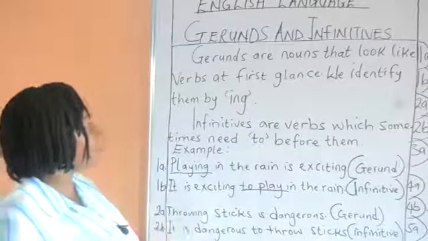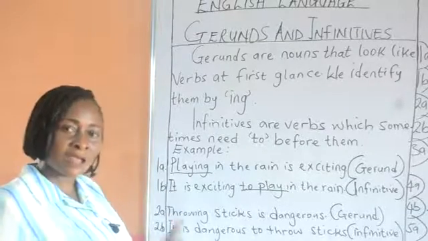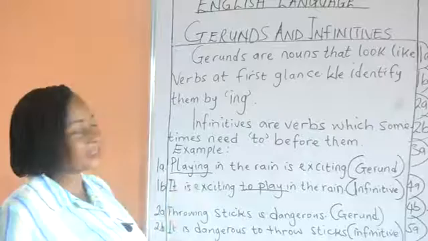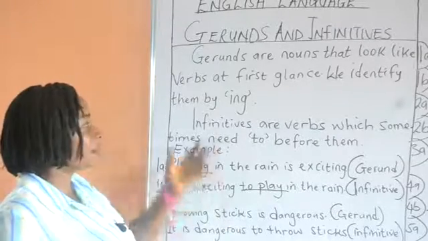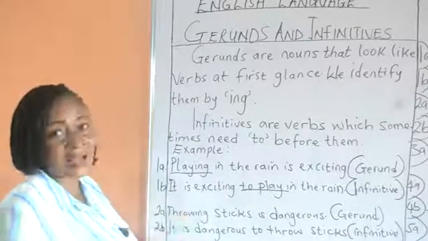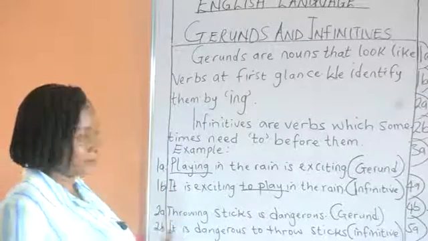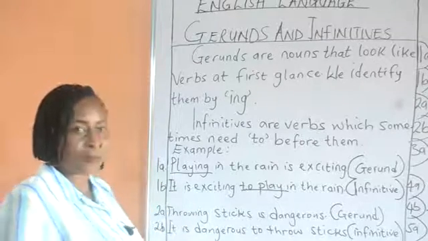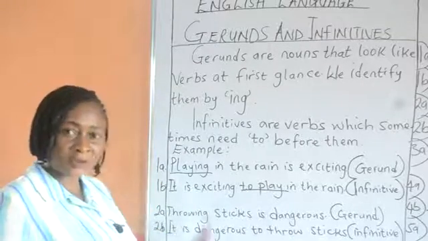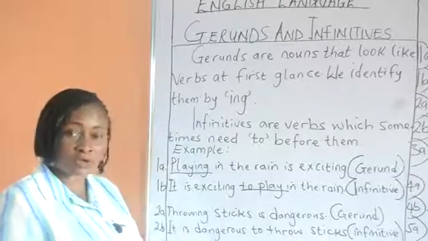What is the meaning of infinitives? Infinitives, on the other hand, they are what? Verbs. They are verbs. These ones are not nouns, but they are verbs, action words, which sometimes need to before them. Sometimes, not at all times, not always.